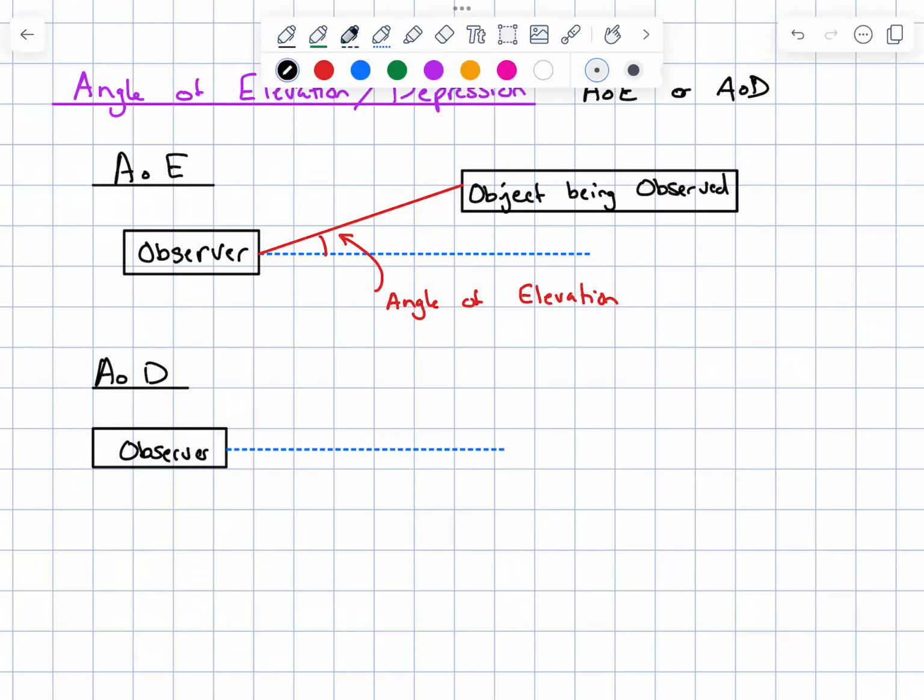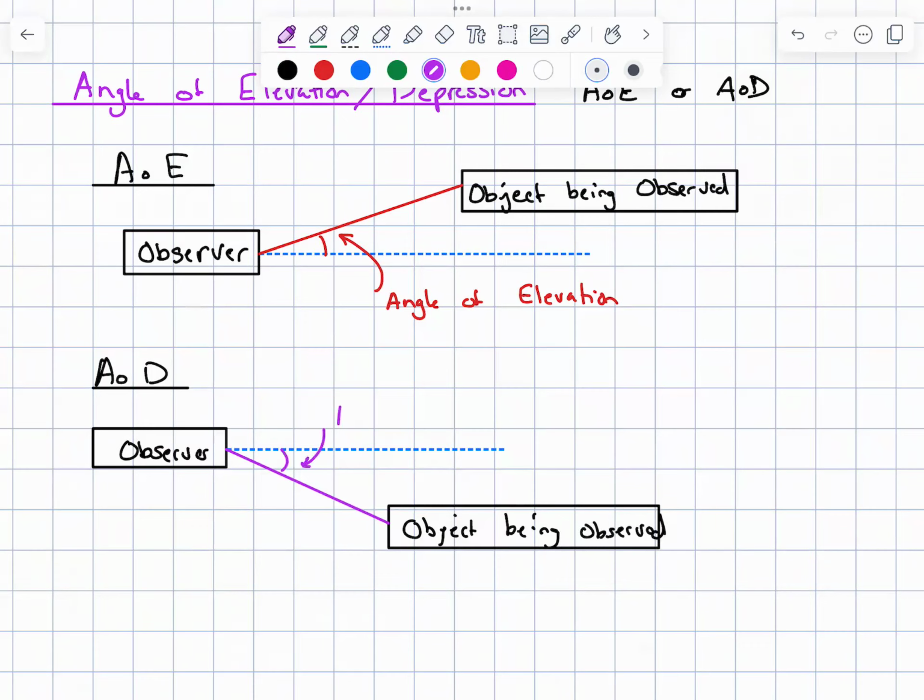And then down here is the object being observed. And so the angle being formed, this is the angle of depression.